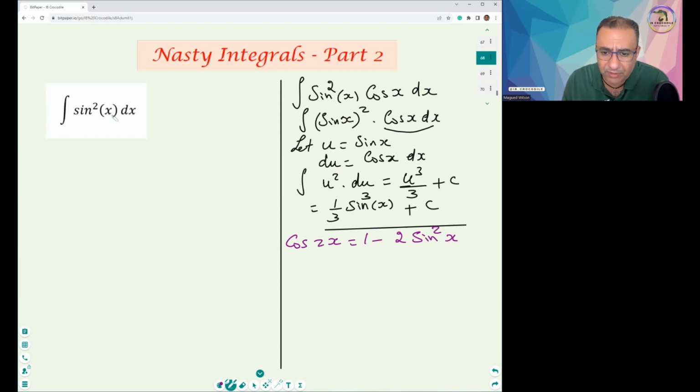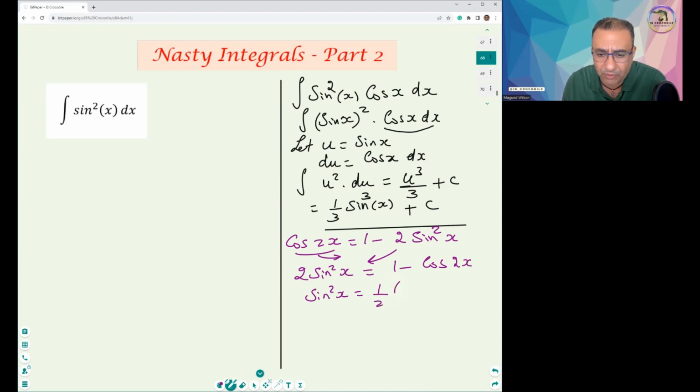We bring this to that side with positive, and bring that one to the other side with negative. So 2 sine squared of x is equal to 1 minus cosine 2x, and then sine squared x is 1/2 multiplied by all of this.